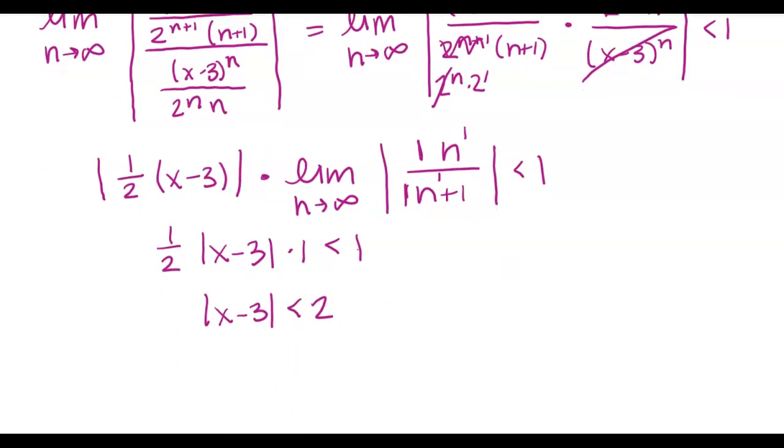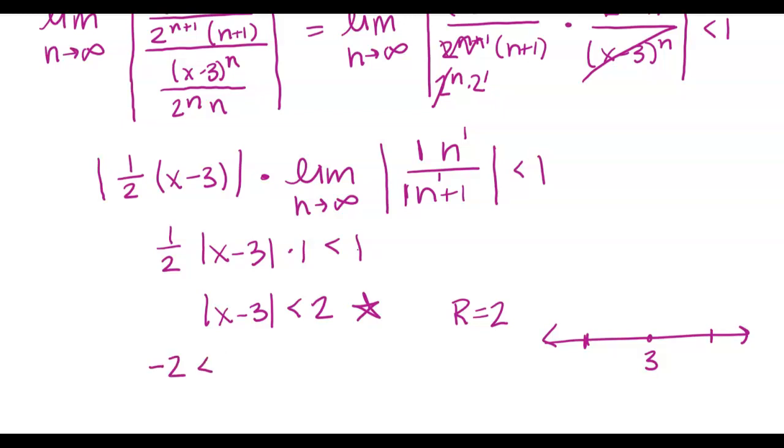So I want to make sure that I get that inequality down to that expression, because then that tells me my radius is 2. Okay, so my center is 3, and then my radius is 2 around that.